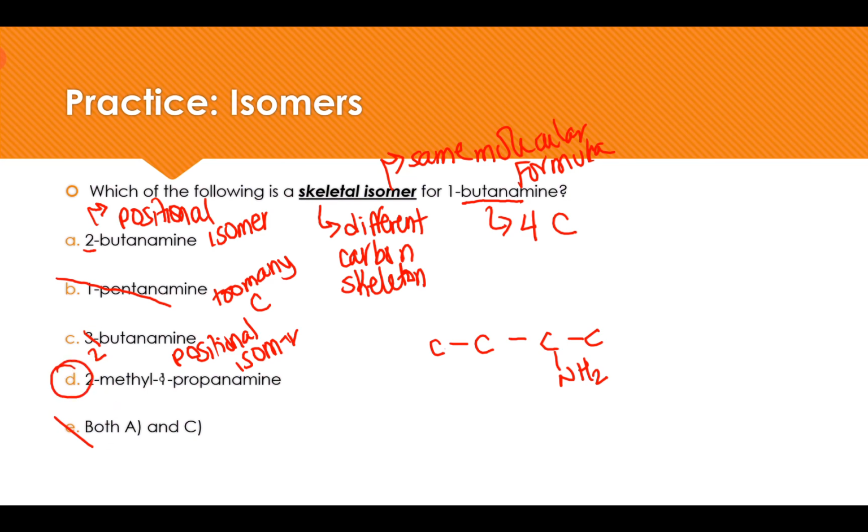So we're left with 2-methyl, 1-propanamine. Methyl means 1 carbon, propan means 3 carbon, so it does have 4 carbons total, what we are expecting out of our structural isomer. But our parent chain is different. And so even if we didn't know how to eliminate these other ones, at least part D did make sense.